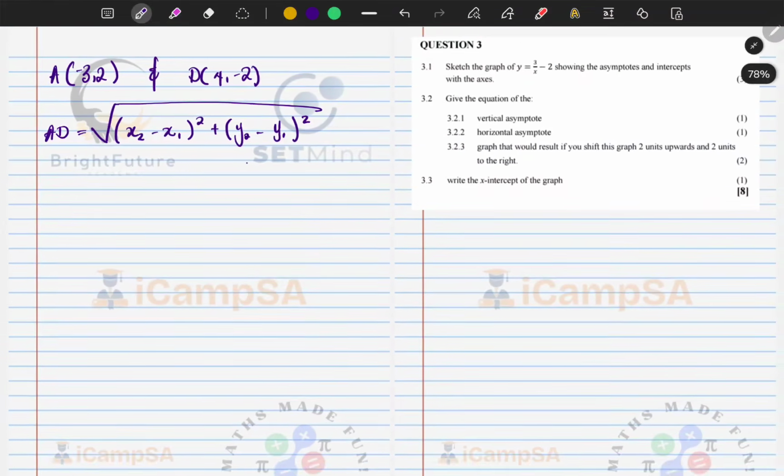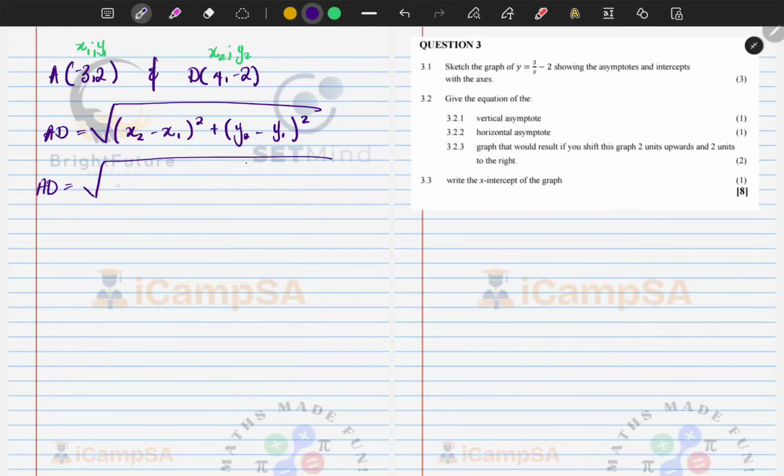So essentially we can call this x1 and y1, and this is going to be your x2 and y2. So now your AD is going to be, what is x2?